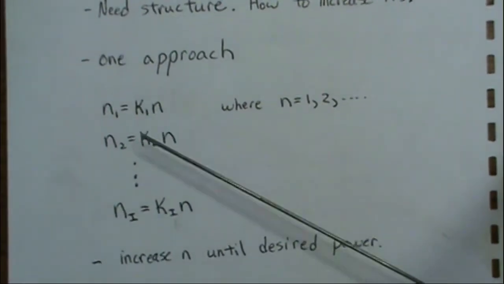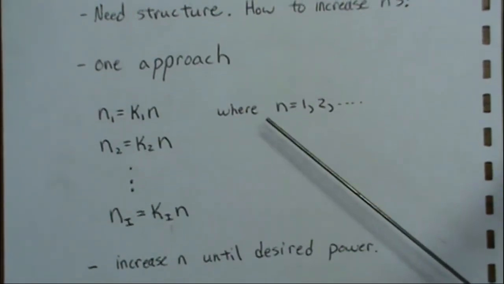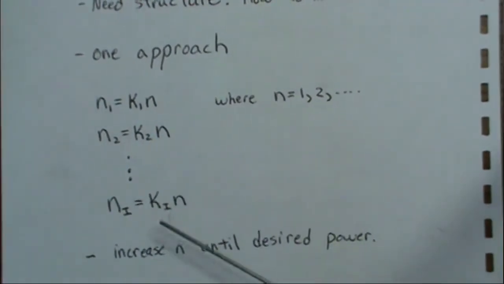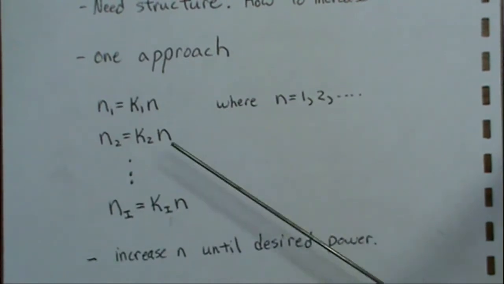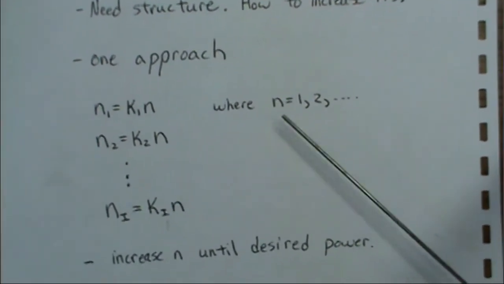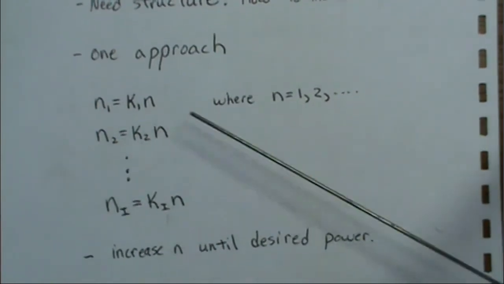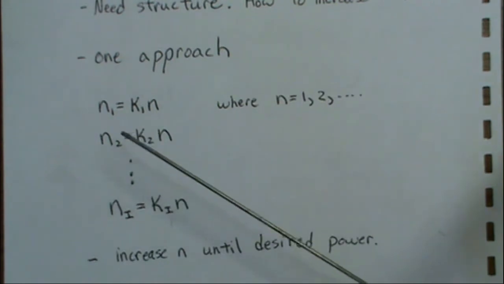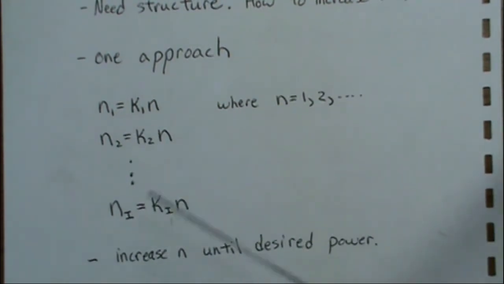So assume we want a 1 to 2 to 2 ratio. Then when we increase our sample size, we maintain the ratio we want. Or it could be a 1 to 2 to 3 ratio, and then we increase 1, 2, 3, and we just calculate power at each case, and then we stop when we've achieved the power we want, and we've also maintained the sample size ratios that we wanted.